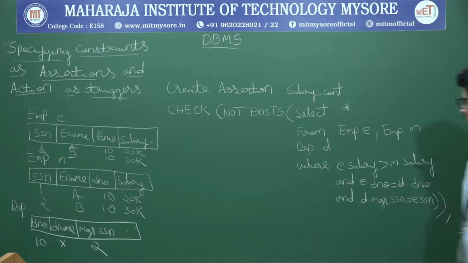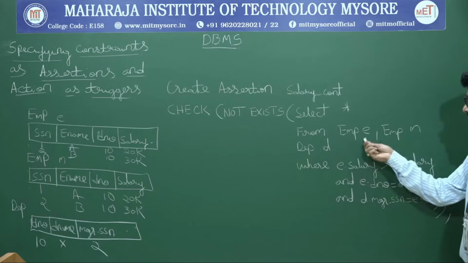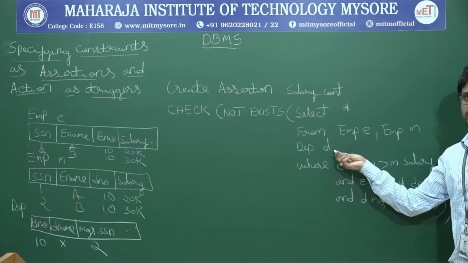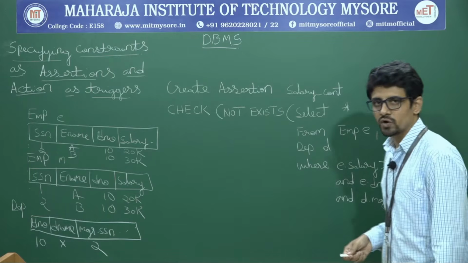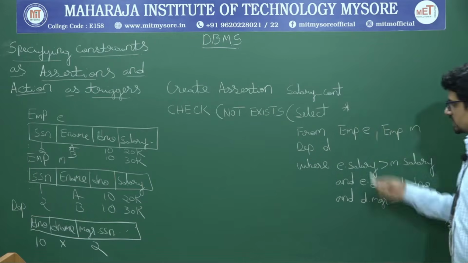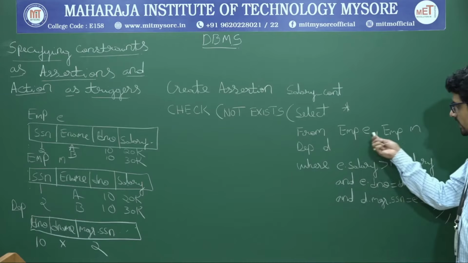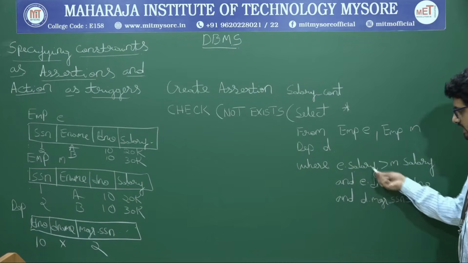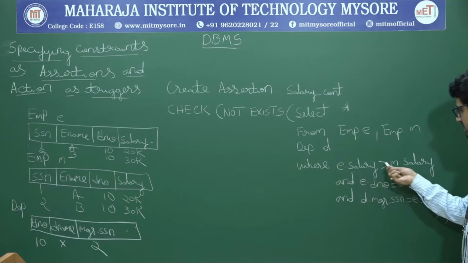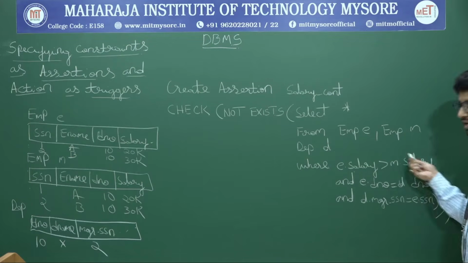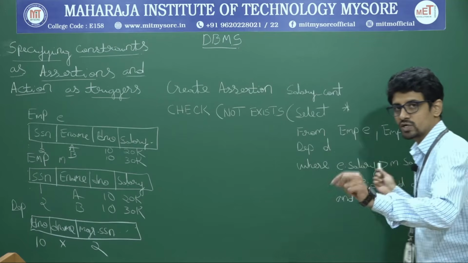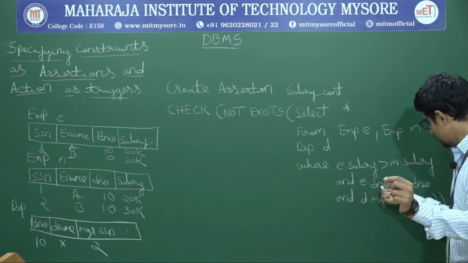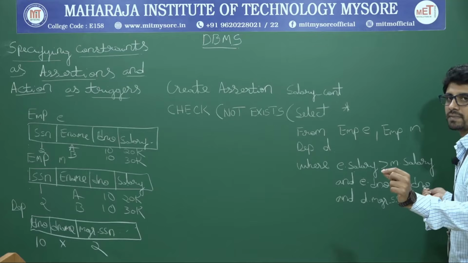Okay. So select star from employee E, employee M and department D. Okay. Now in this case, as you can see here, employee as E, employee as M and department as D, where E dot salary, employee dot salary, is greater than M dot salary. Verify the two salaries when E dot department number equals D dot department number.